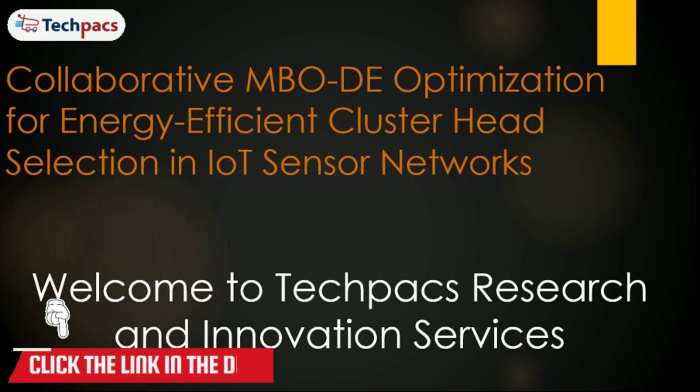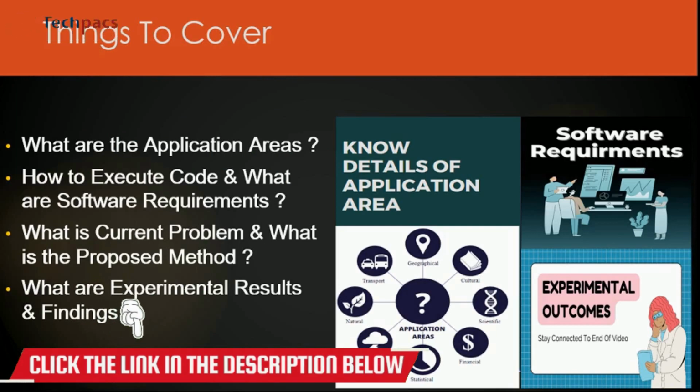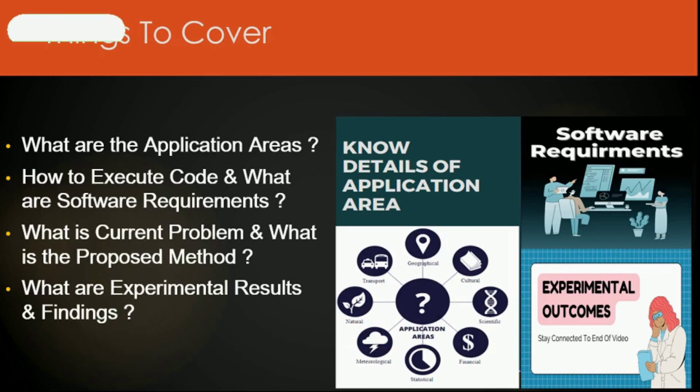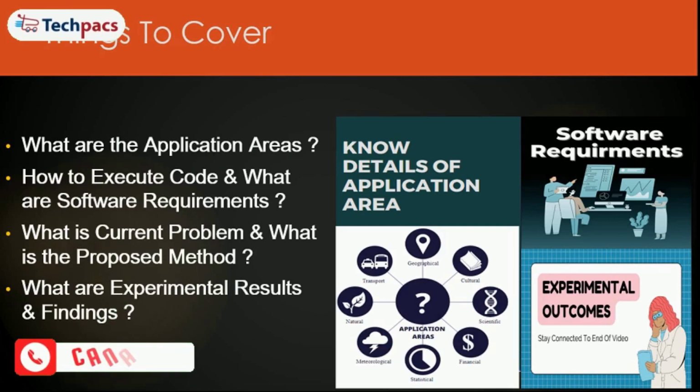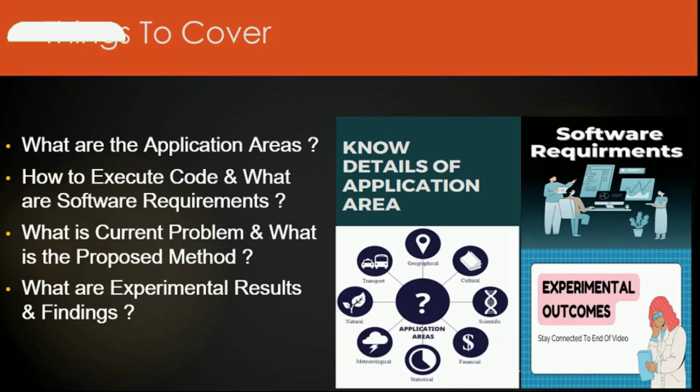Before moving to this video, let's talk about what we will cover. Initially we will talk about in which application areas the protocol can be implemented in real-time scenarios. Then we will discuss what the code is, how to execute it, and what the software requirements are.